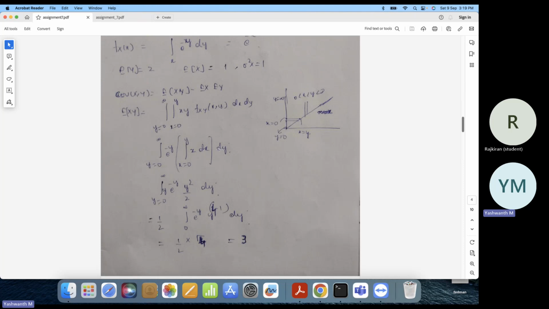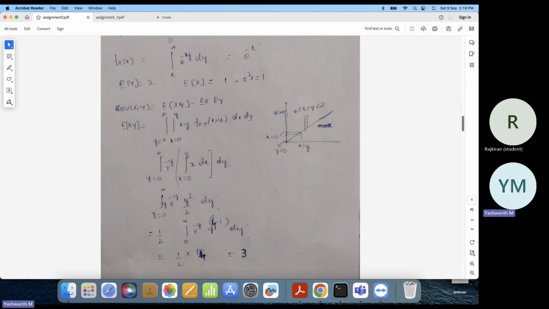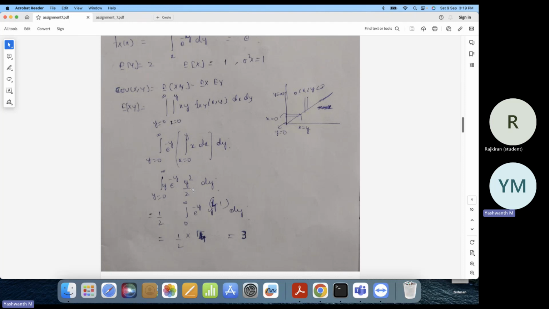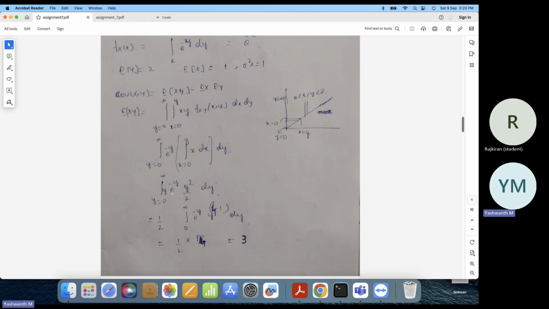So you just substitute f of x comma y as e power minus y and integrate this region out. Here again, we get the gamma integral, the gamma function to be precise, not the density.